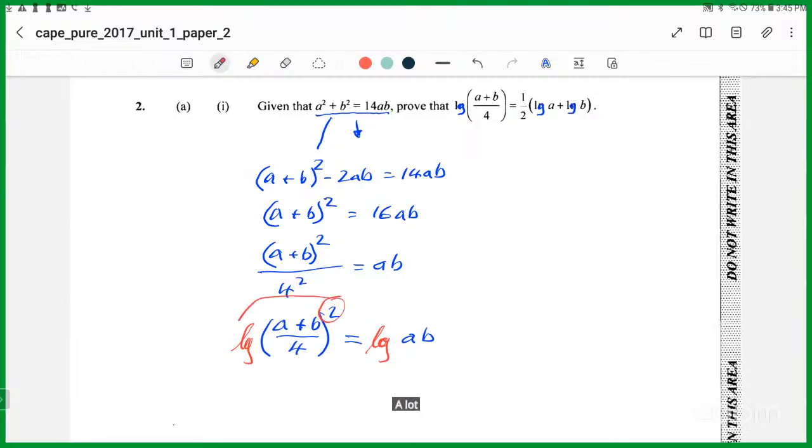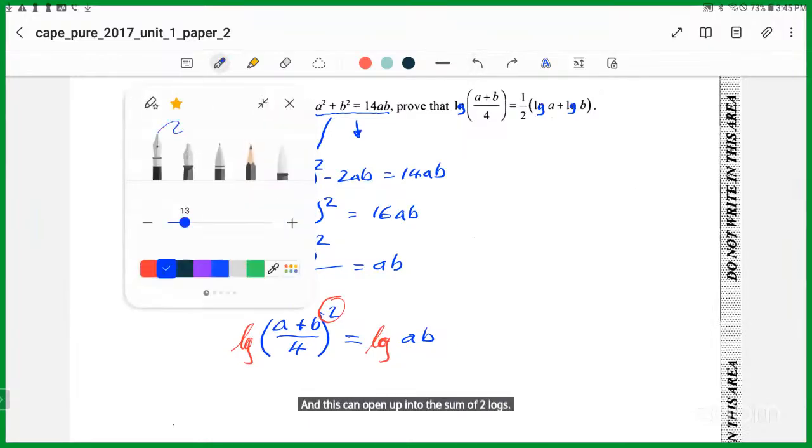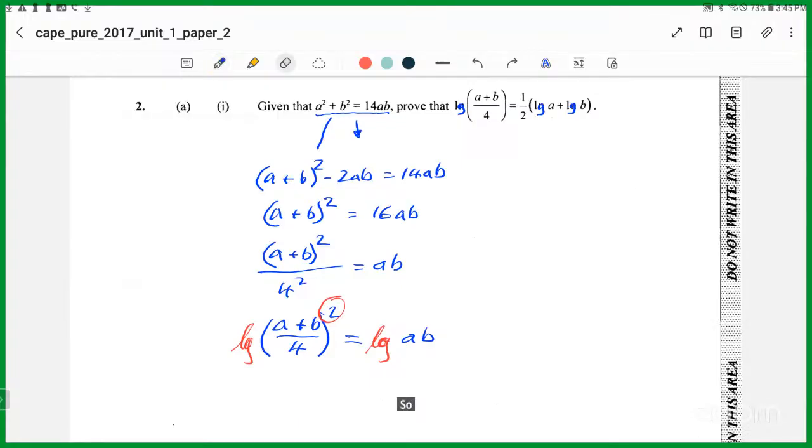This 2 comes to the front, and this can open up into the sum of two logs. So I get 2 log of a plus b over 4 equals the log of a plus the log of b.